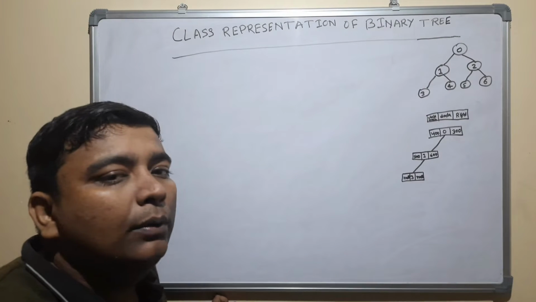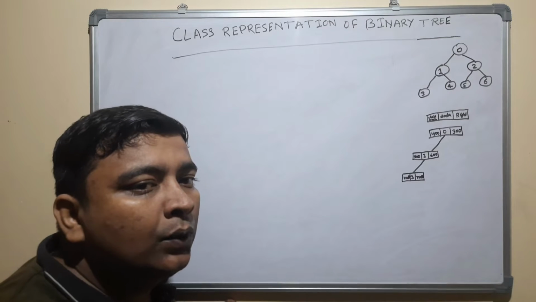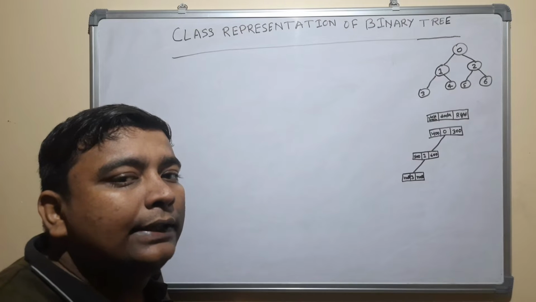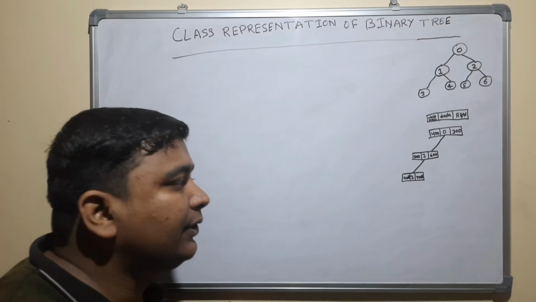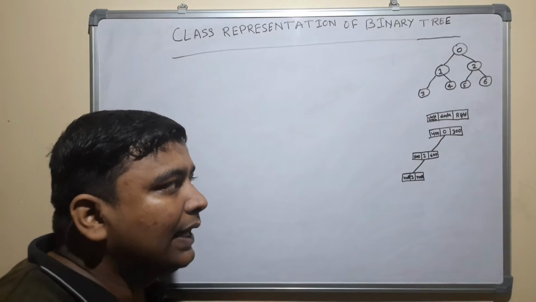If you want to know more about leaf node, level and root, I recommend you watch my previous video, titled Introduction of Tree. When the left pointer and right pointer are null, that is a leaf node.